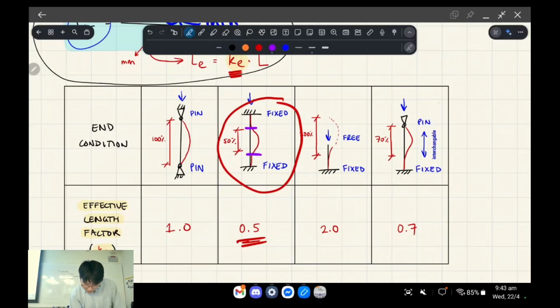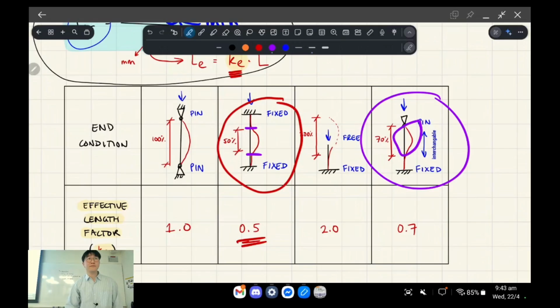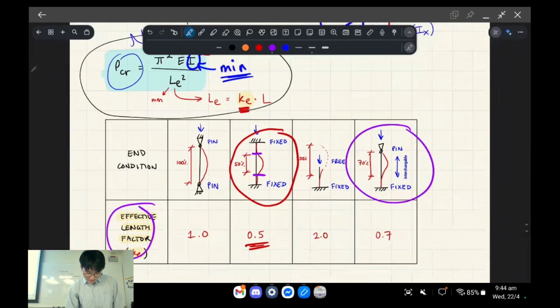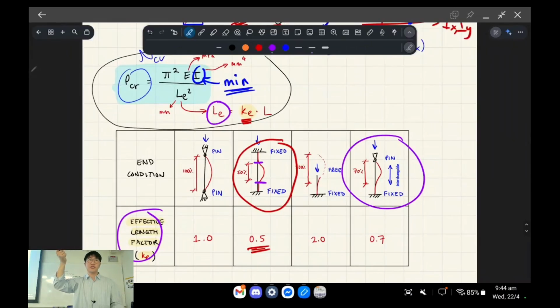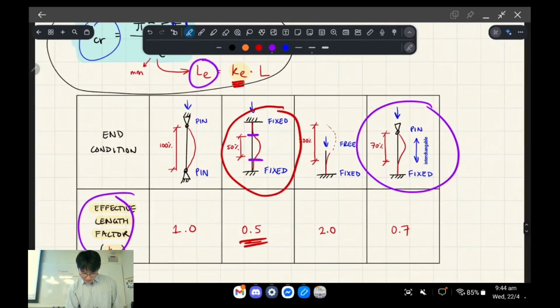If I hold one end with my hand clamped, like a fixed support, and the other one's free, it'll be about 70%. This is called the effective length factor because we multiply this by the length. It's the length of the C shape, essentially. Another case is a cantilever: if one hand is fixed at the bottom and I'm pressing down on the top, do you see how it comes out a lot?